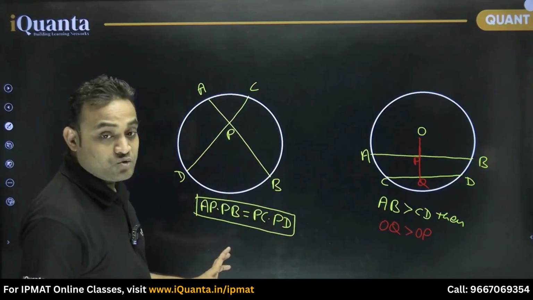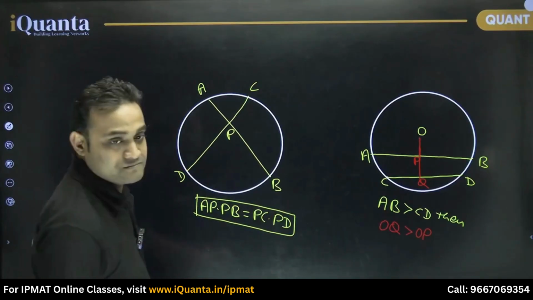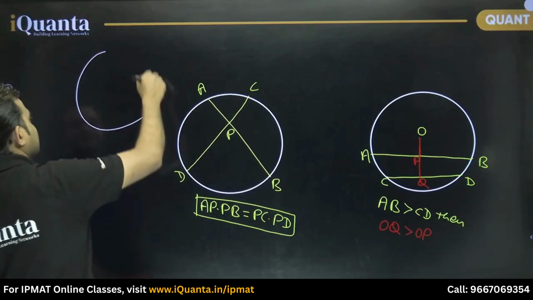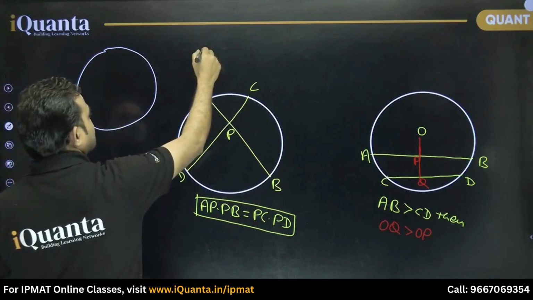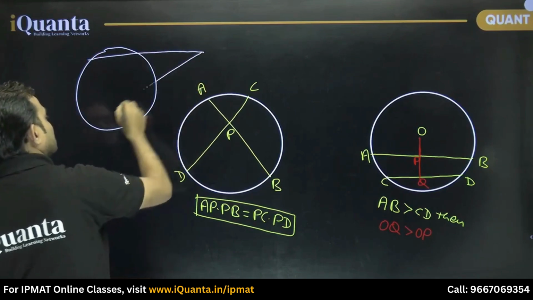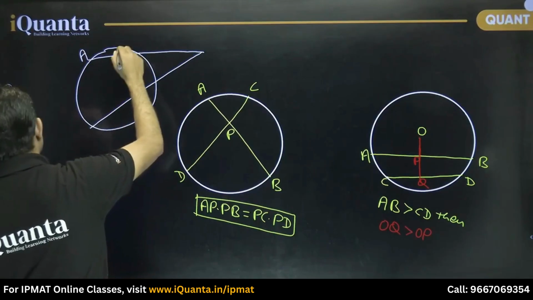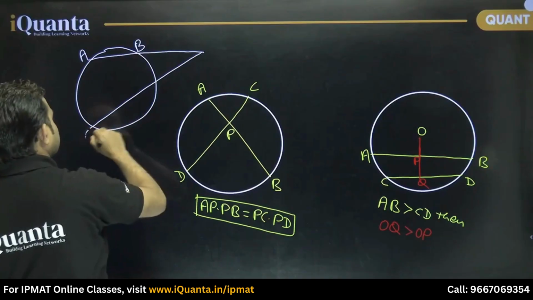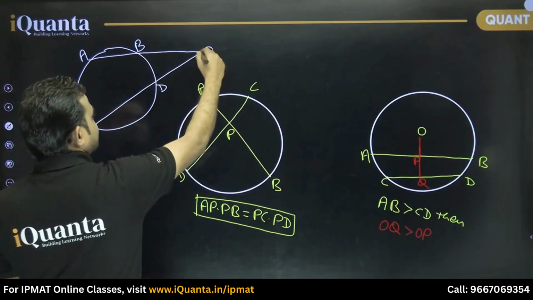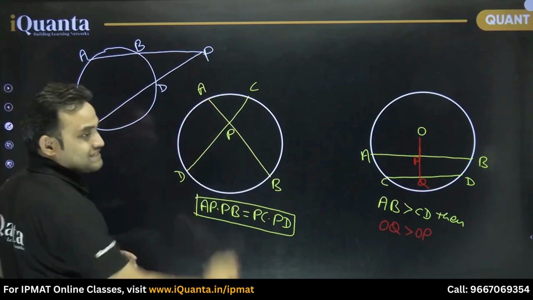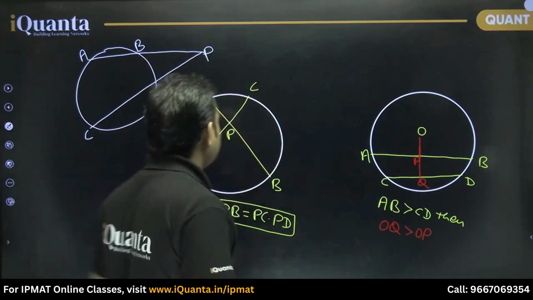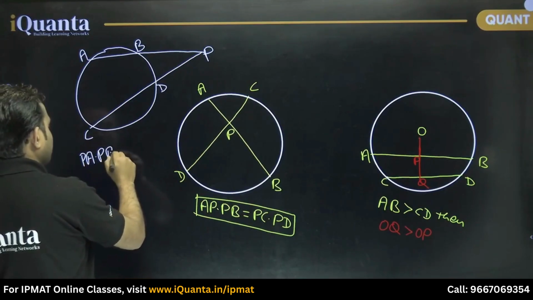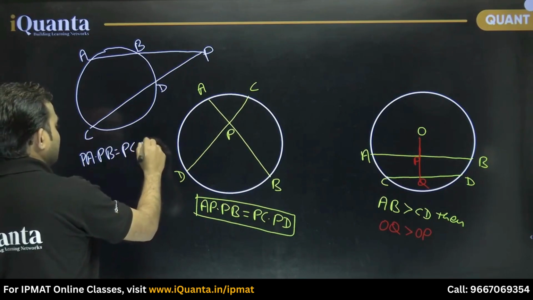Now if these two chords are not intersecting inside the circle, let's say a situation like this, where we have two chords which are not intersecting. This is AB and this is CD, and this is point P. So these two chords are intersecting outside the circle, at P. So what we can say again here is that PA times PB will be equal to PC times PD.